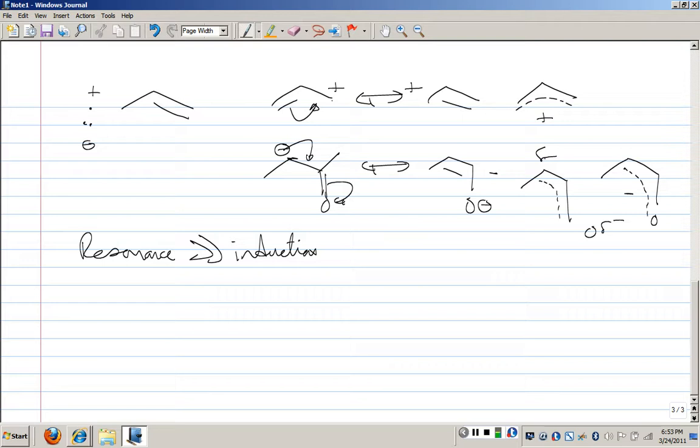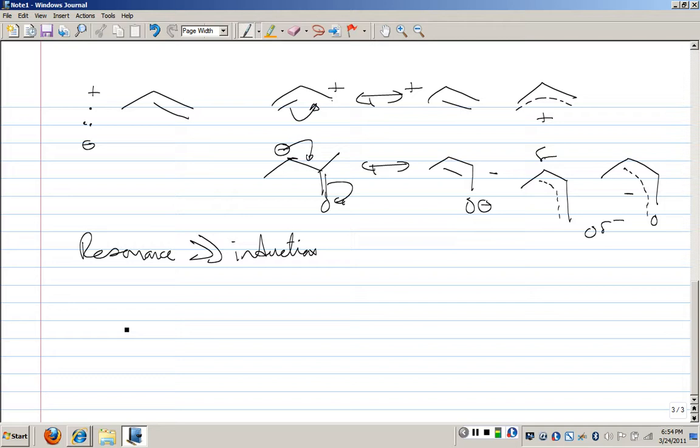Induction involves the drift of electrons along a sigma bond. In a sigma bond, the sigma electrons are held in place by a strong attraction between those electrons and the nuclei, because sigma bonds are the strongest of our bonds, right? So those electrons in a sigma bond are held very tightly. Therefore, they will not respond well, they will not move a lot in response to a potential difference.